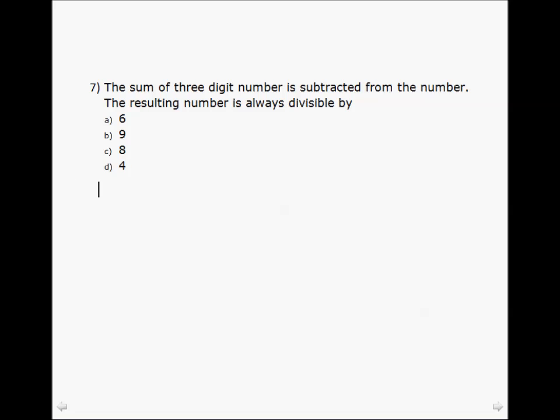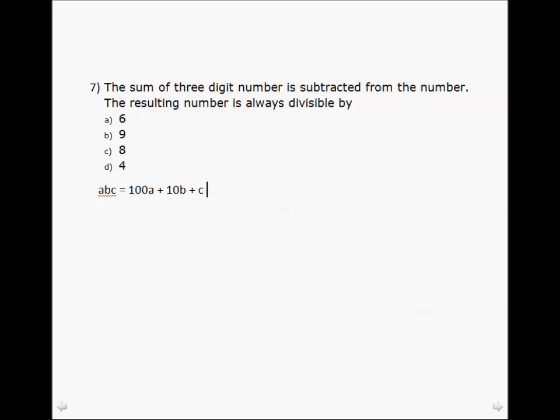So a 3-digit number, let's say it's ABC, can be written as 100A plus 10B plus C. So this is the general form of how we represent a 3-digit number. For a 4-digit number, if it is ABCD, we would have written 1000A plus 100B plus 10C plus D. But we are given a 3-digit number, so let's stick with 3 digits.